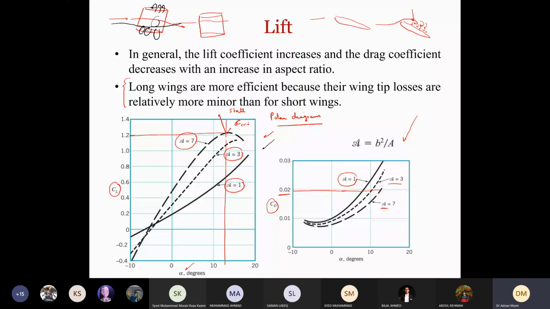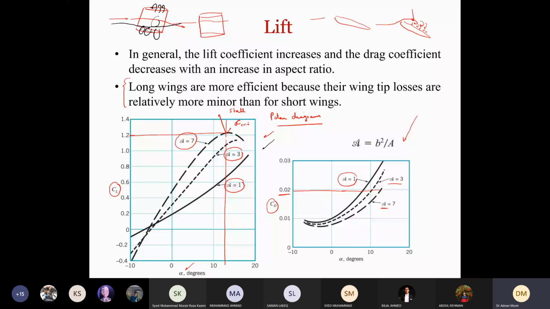So the lift force is a lot bigger, more than 100 times greater than the drag force. So that is why these aerofoils are used in applications where we have more requirements of lift as compared to drag.